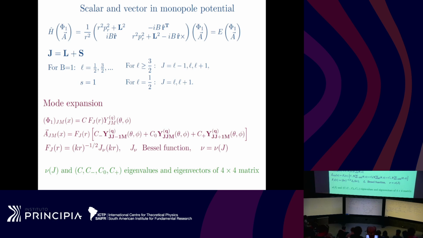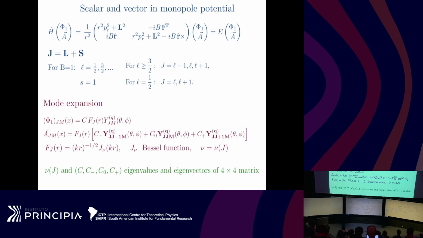And this we can use to make a mode expansion, an ansatz for a mode expansion of the scalar and the gauge field. So we expand the scalar in the monopole spherical harmonics from before, and for the vector field we use vector monopole spherical harmonics, of which there are 3 different ones for a given value of j, corresponding to the 3 ways you can compose the angular momentum. And then we can assume that the radial part is given by some Bessel function again.